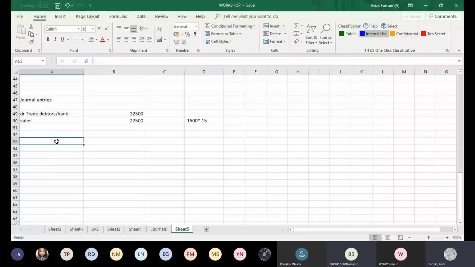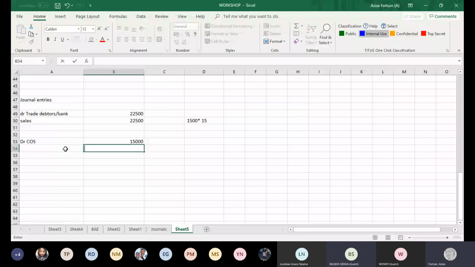Right? So we do our cost of sales. You have to debit cost of sales for the 15,000 Rand, because that's what it cost us, and then we're going to credit inventory for the 15,000.